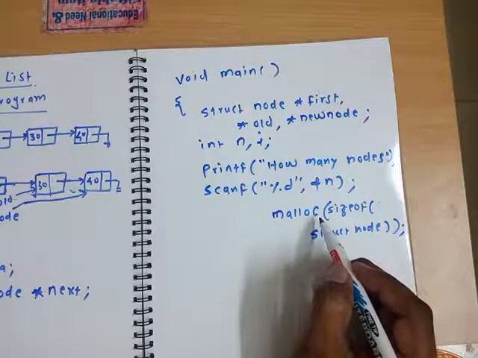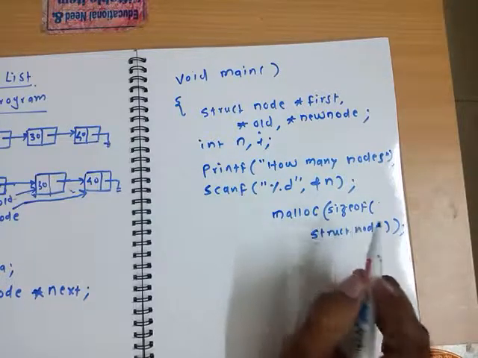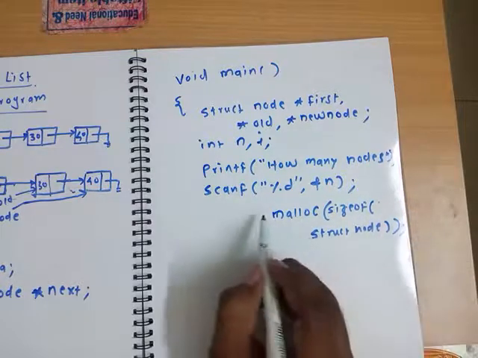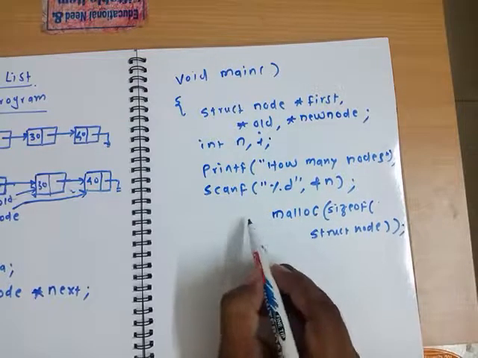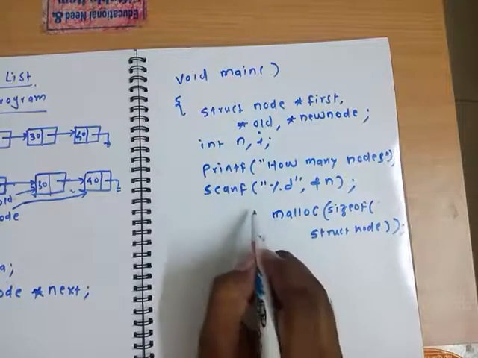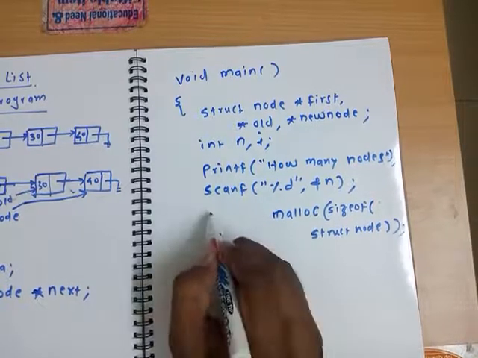That means you can point any pointer to the memory reserved by malloc. But we want to point there a struct node type pointer because we want to treat that memory as struct node memory. So we'll typecast that memory into struct node type memory.